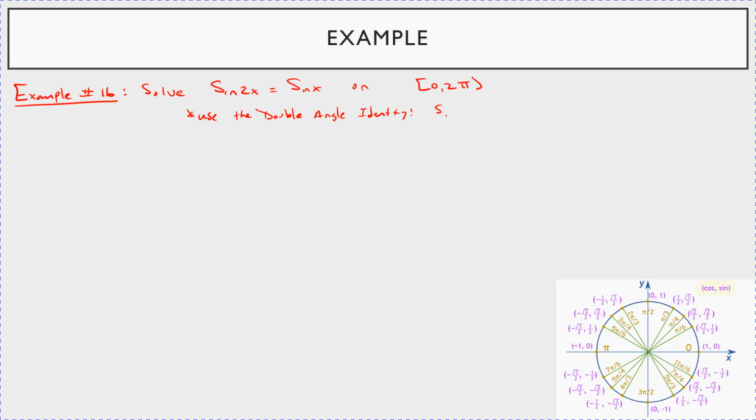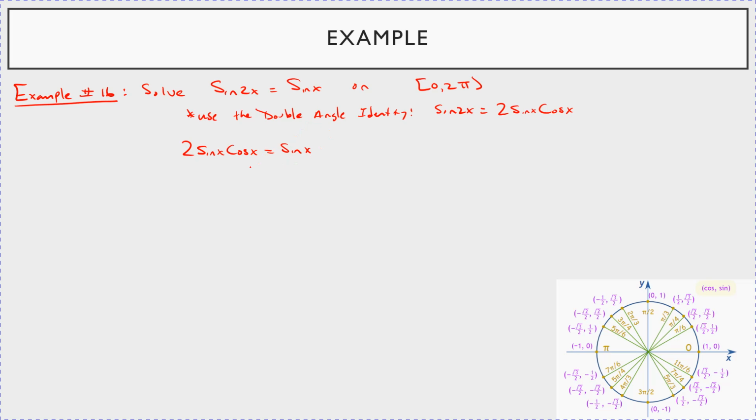From the previous lecture, sine of 2x is equal to 2 times sine of x times cosine of x. So sine of 2x gets replaced by 2 sine of x cosine of x is equal to sine of x.